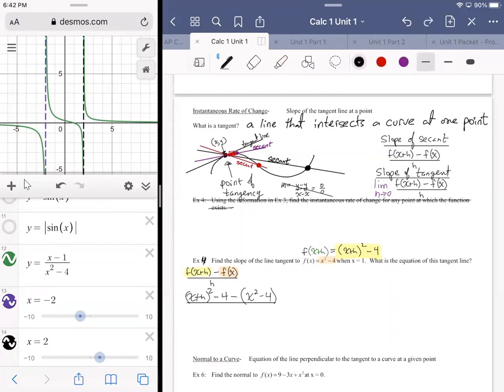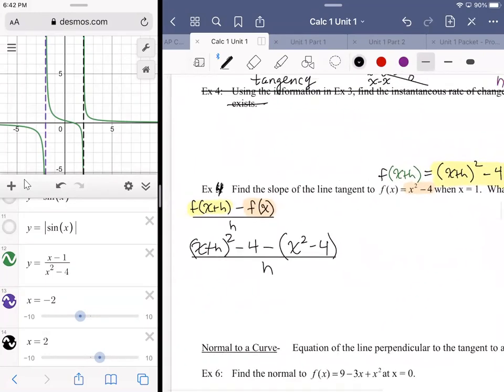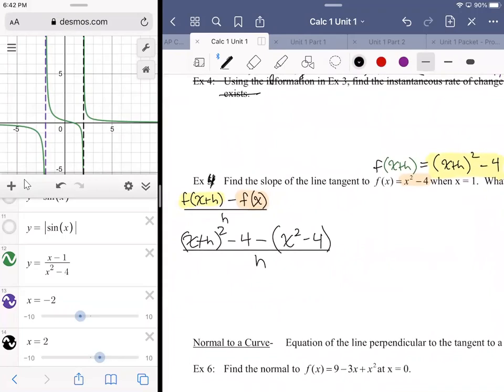I'm going to zoom in here because my handwriting is not in a good place. So we'll distribute out the x plus h squared. That's the same as saying x plus h times x plus h. I've got the minus 4. I'm going to distribute through this negative 1, so minus x squared plus 4, all over h.